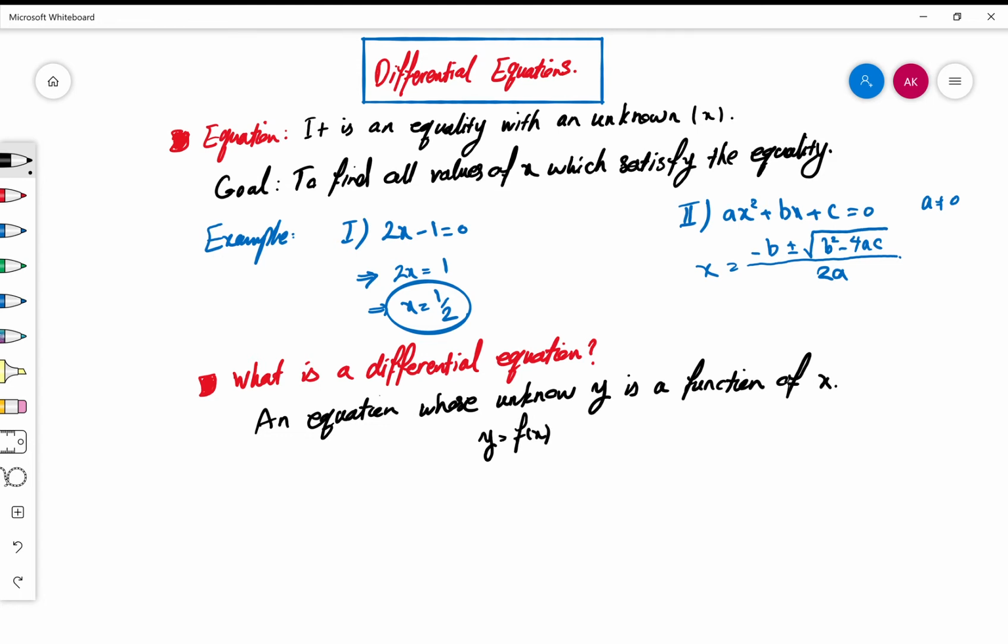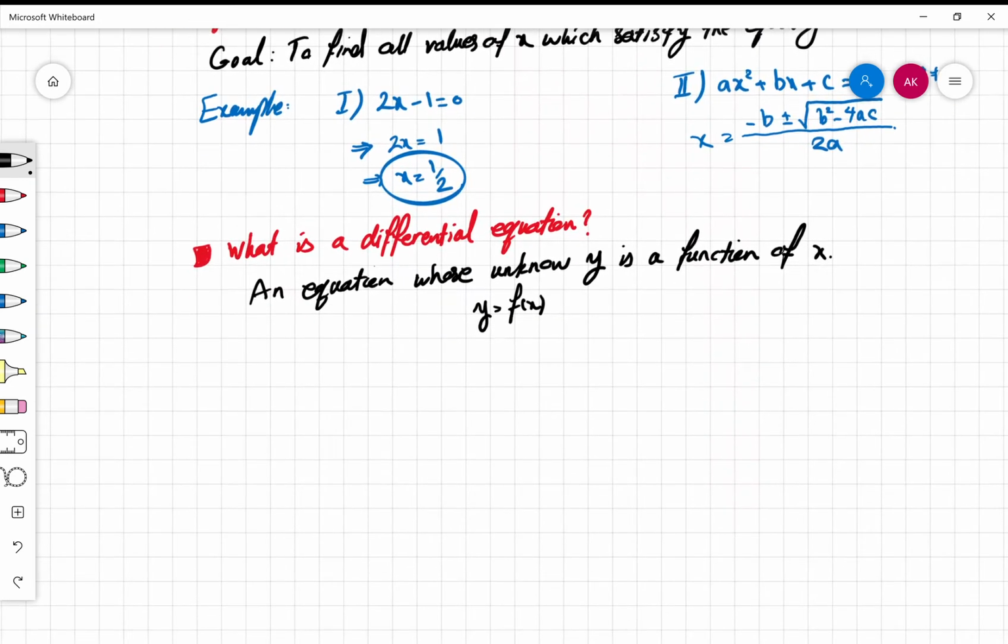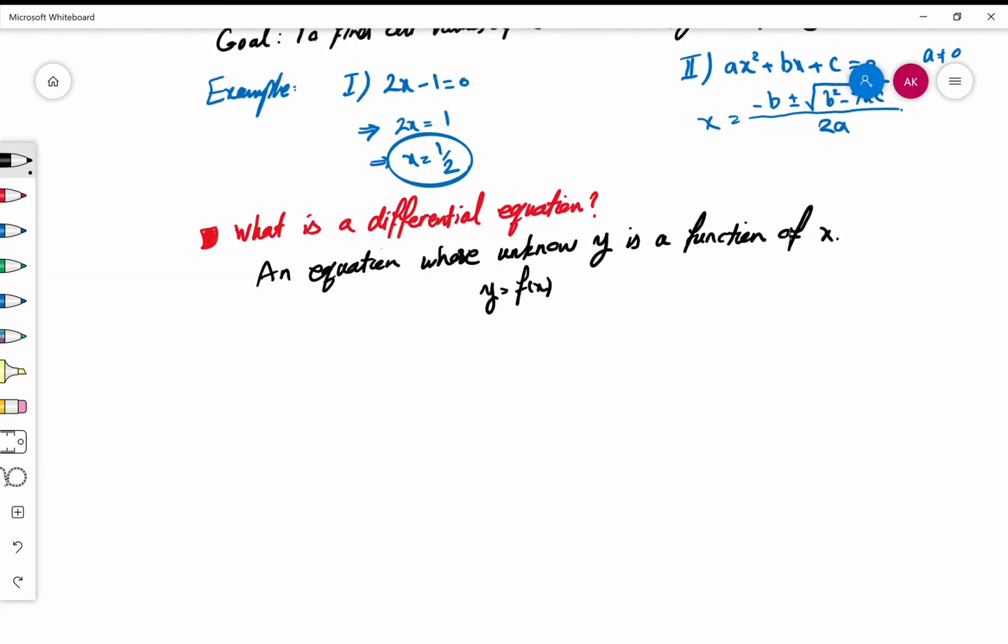What function satisfies this equation? But that's not all. You have to also know that the word differential imposes something there.